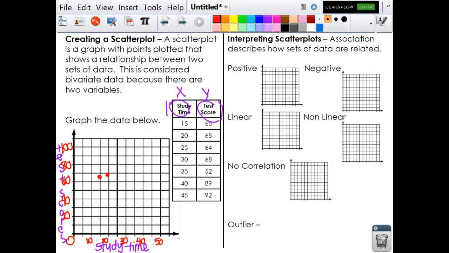And we're going to put a dot there. 25, 64. 30, 68. 35, 52. Dang, a lot of people failed this test. Must have been a hard one. 40, 89. 45, 92.